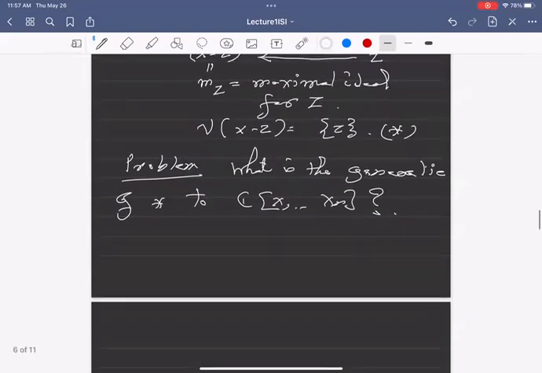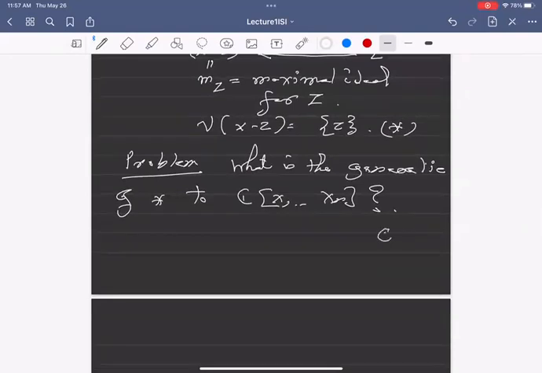Yeah. So earlier in one variable we had C, but now we have Cn, and there are points in Cn: A1, A2, An. Suppose I take a point in Cn. Then on the algebraic side, I have this polynomial ring, and I want to associate a maximal ideal to this point.